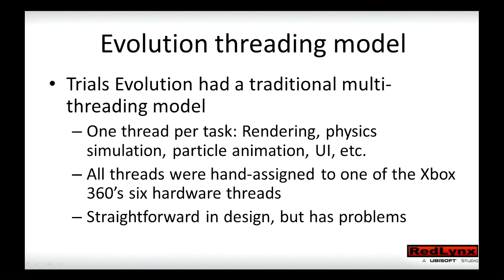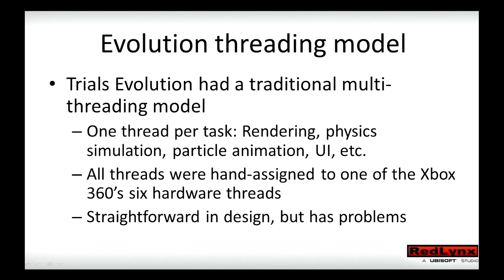Next, our multithreading model. We used a really simple multithreaded model. It was from Trials HD when we started working on Xbox 360. It was basically our first multithreaded game design, or engine design. We split basically all our big tasks to one task per thread.